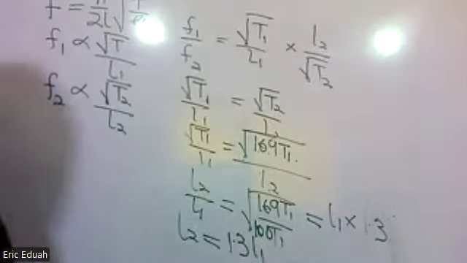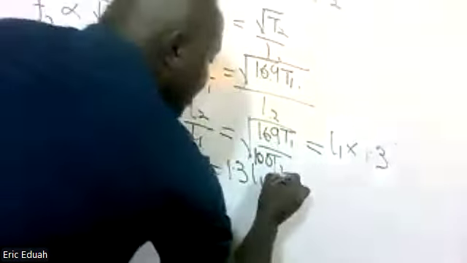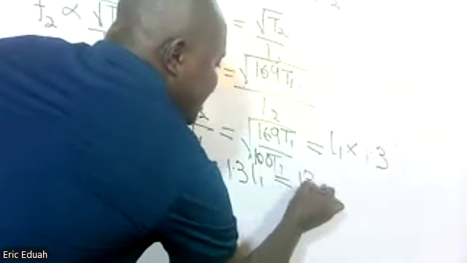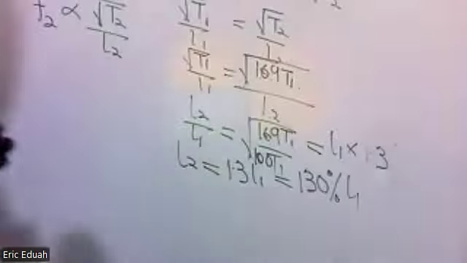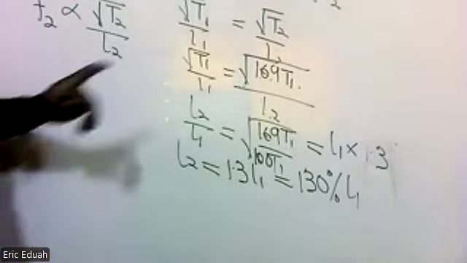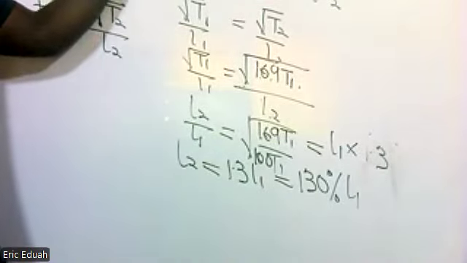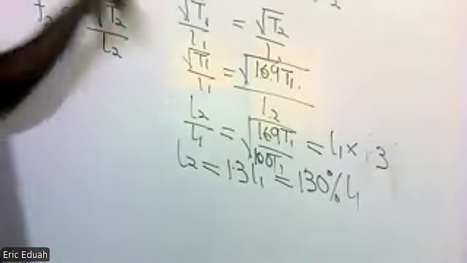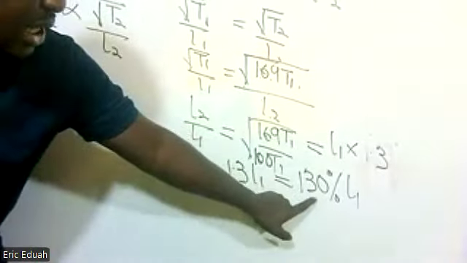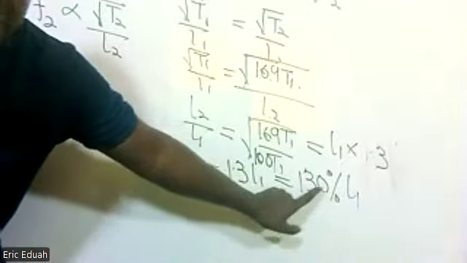And what is 1.3? 1.3 is 130% of L1. Meaning that when you increase tension by 69%, the length would increase by 30%.